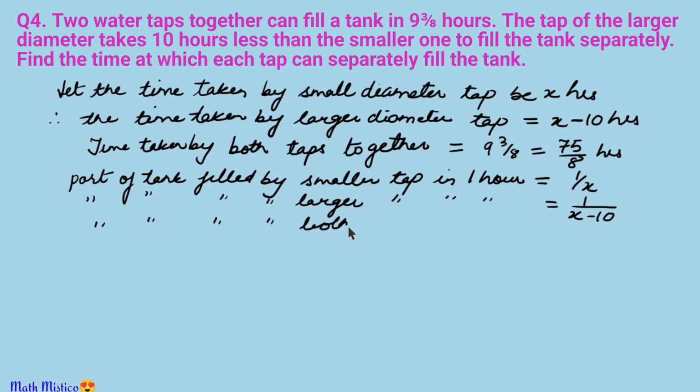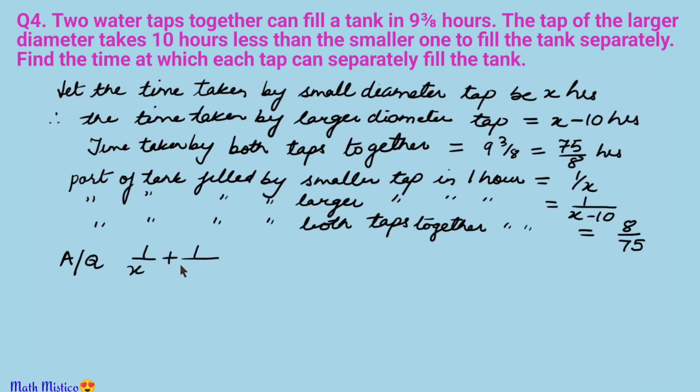And for the 2 taps together, it will be reciprocal of 75 over 8, that is 8 over 75. Therefore, the part of the tank filled by first tap in 1 hour plus that filled by the second is equal to the part filled by both of them together. That is 1 upon x plus 1 upon x minus 10 is equal to 8 upon 75.